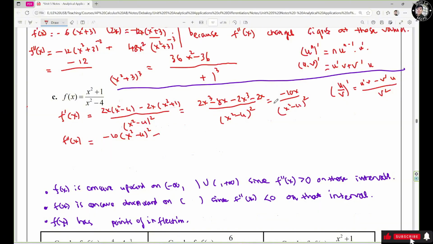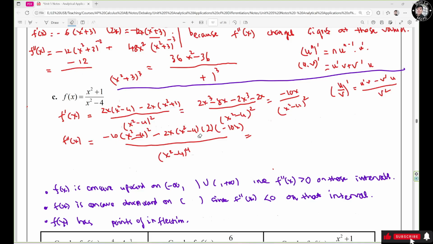Minus, over (s squared minus 4) altogether to the power 4, right? Now I need to simplify this one. Negative 2s times 2 is going to be negative 4s, times negative 10s is going to be plus 40s squared, right? So I have 40s squared right here.